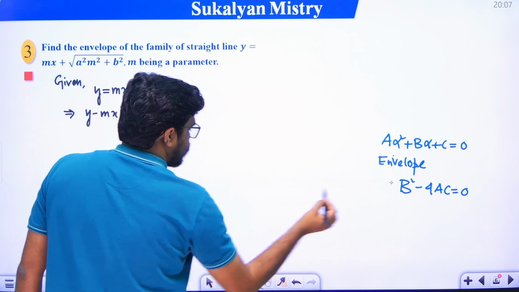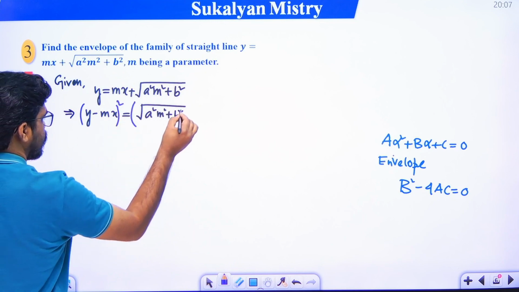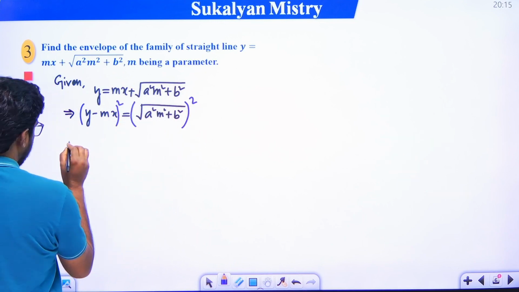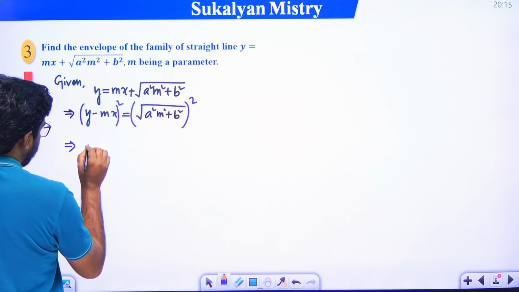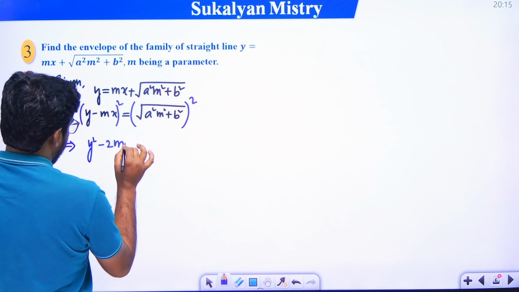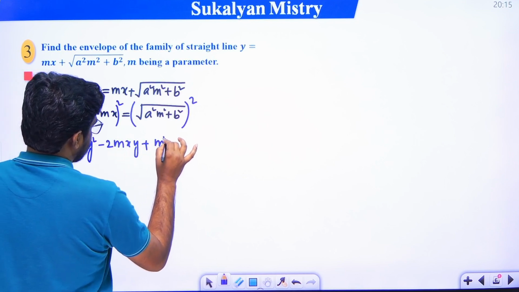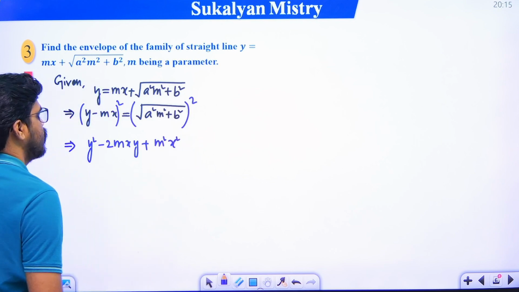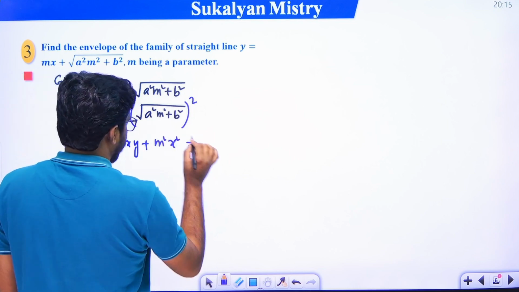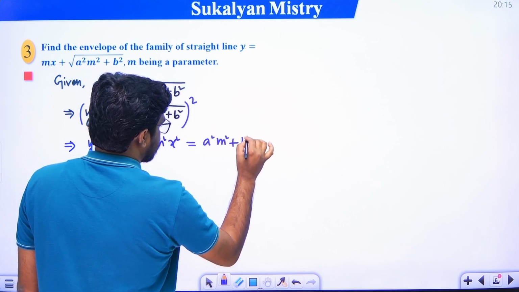Now squaring both sides, that is (y minus mx) square, so this implies y square minus 2mxy plus m square x square is equal to a square m square plus b square.